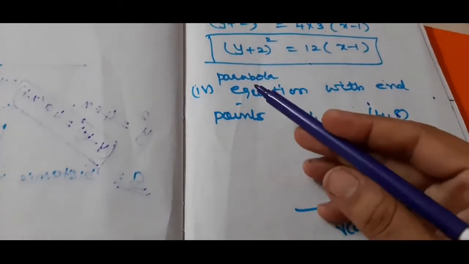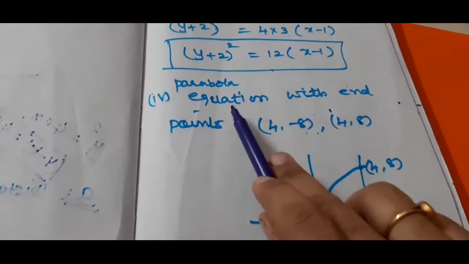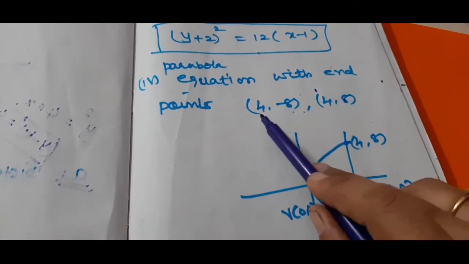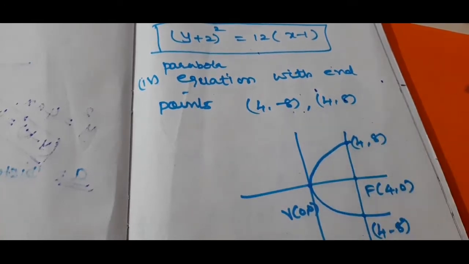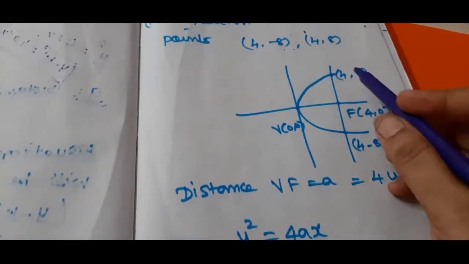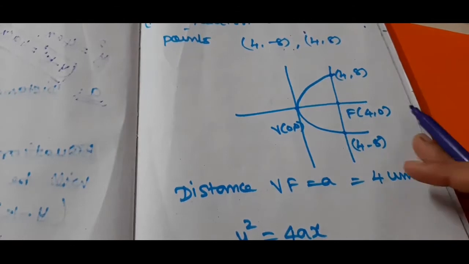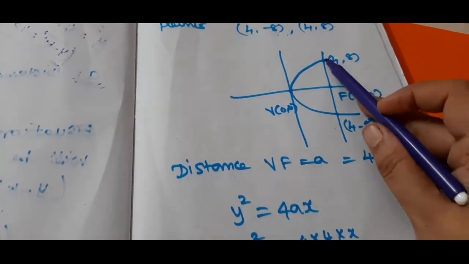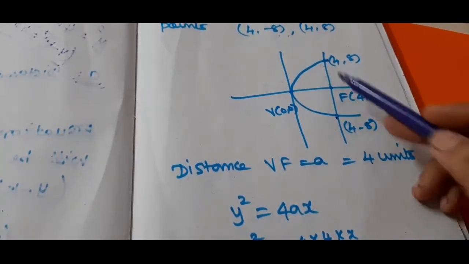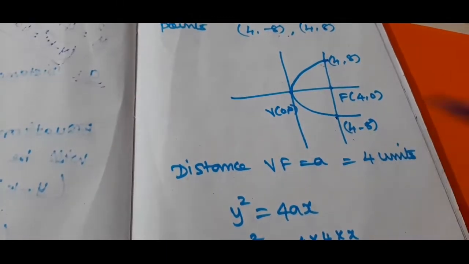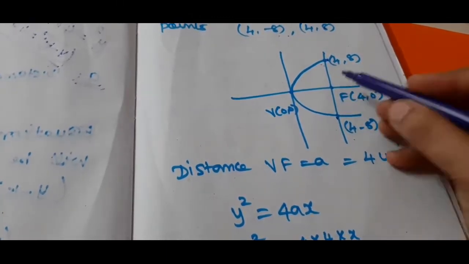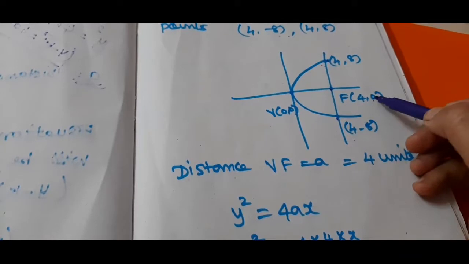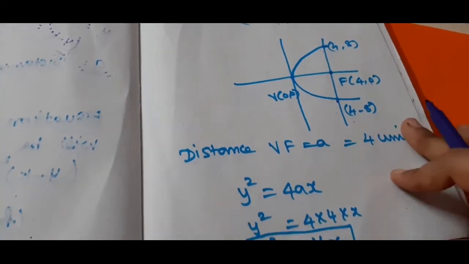Then the fourth case is the parabola with endpoints (4, -8) and (4, 8). So this is a parabola with endpoints (4, 8) and (4, -8). So the focus will be (4, 0).